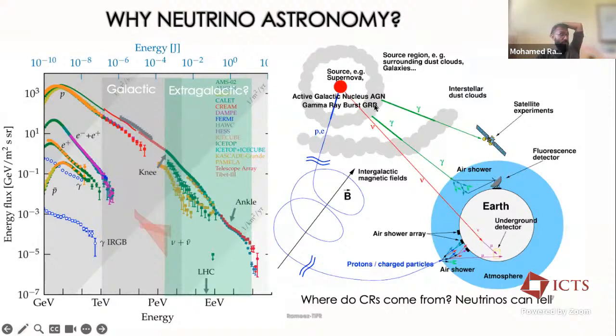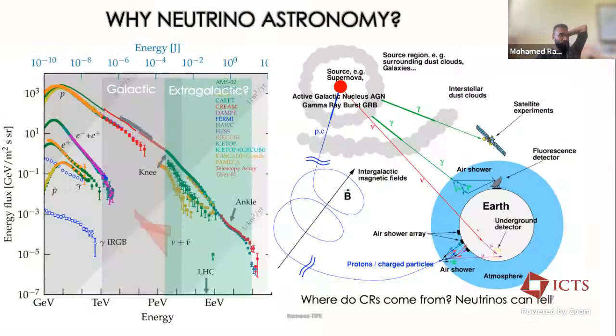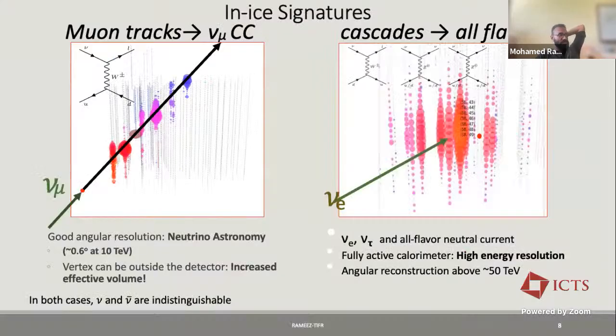So if we are able to see a source in neutrinos, that clearly would be a smoking gun signature for the acceleration of hadrons within that source. So in some sense, neutrinos have always been believed to be the key towards solving a century-old puzzle of where do cosmic rays come from. And this is why IceCube was built primarily, to search for neutrinos coming from cosmic ray interactions.